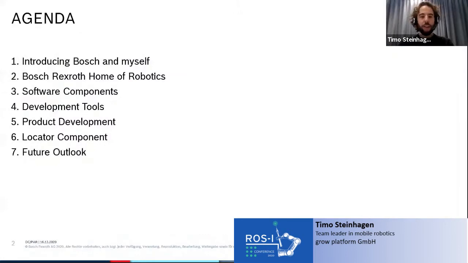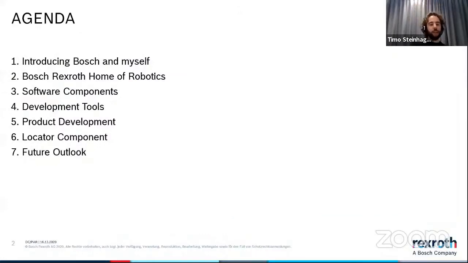And this is the agenda I'm going to go through today. I'm going to start by introducing Bosch and myself a little bit. Then I will talk about the role of Bosch Rexroth and the home of robotics in particular. Cover the topic of what we understand as a software component, a little about tooling and product development.